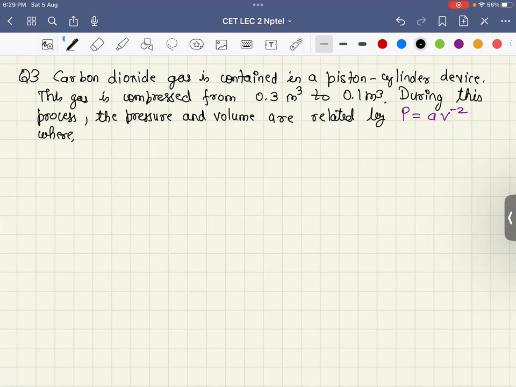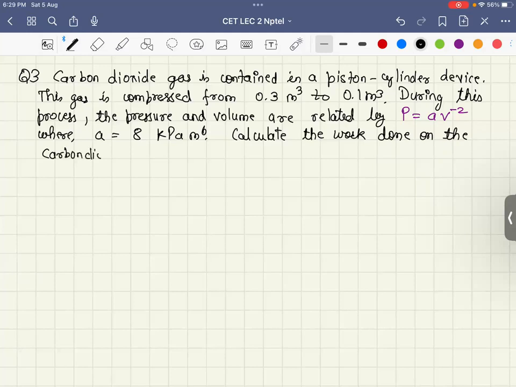Where the value of A has been given as 8 kilopascal meter to the power 6, and what we are asked to find is to calculate the work done on the carbon dioxide gas during this process.